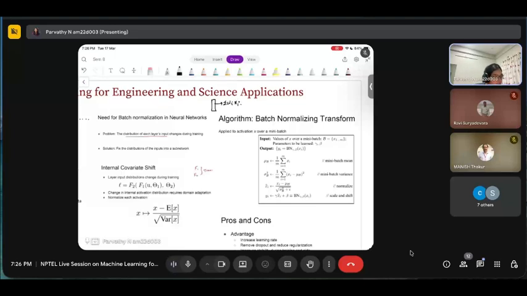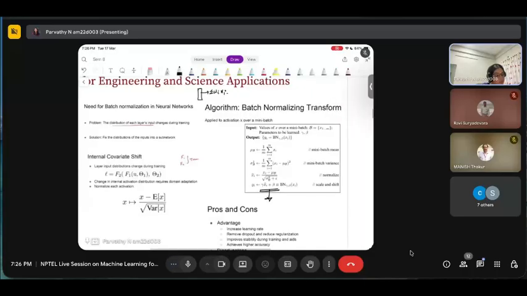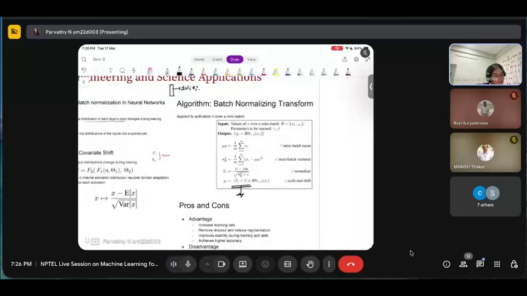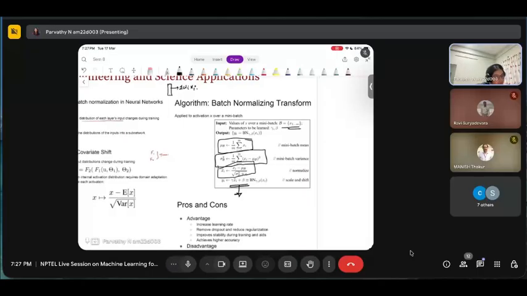Just like that, this does a similar kind of layer operation, where for a layer it will take the input X. Every layer will receive an input which is a mini batch B. It will take that input, find the mean, then find the variance, subtract the mean and divide by the variance, and then it will scale and shift.